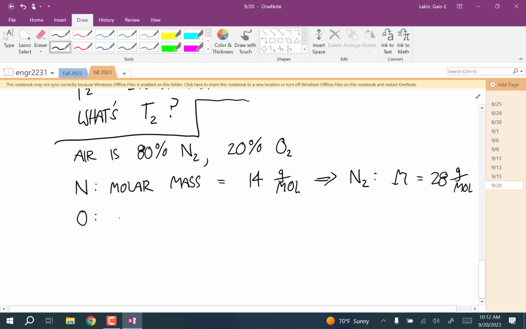Oxygen has a molar mass, according to the periodic table, of 16. And so O2 gas has a mass of 32 grams per mole.